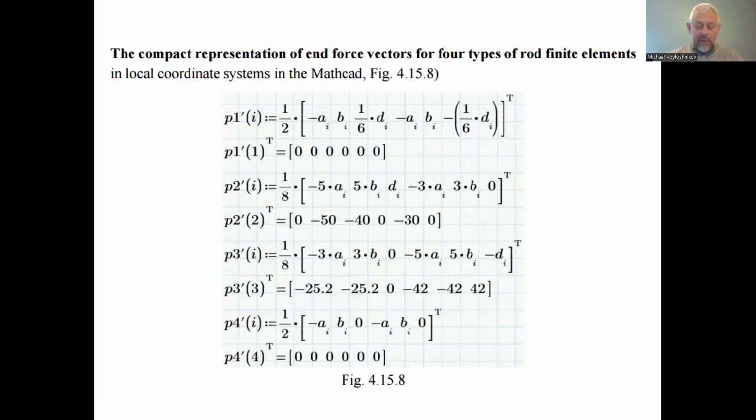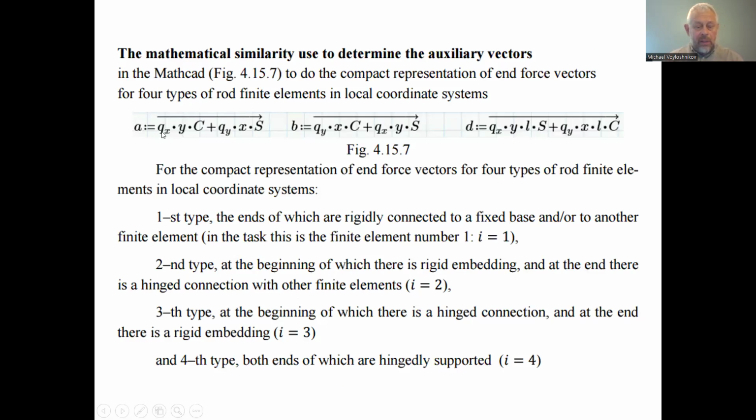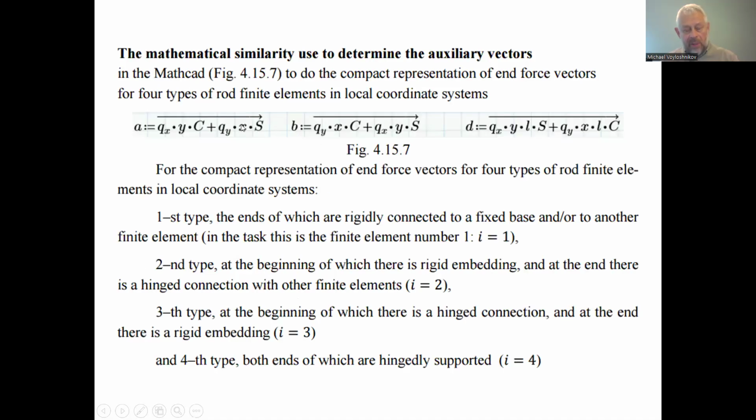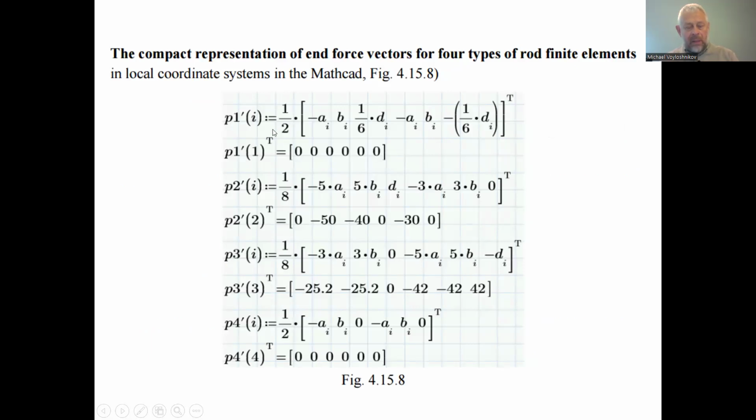So next, after the allocation of the common parts of the formulas for the end forces appearing at the ends of finite elements, six components for each finite element, three for the beginning and three for the end, depending on the type of finite element, when we allocate the common parts of the formulas and specify them in the Mathcad computer algebra system as vectors, we can compactly define the end force vectors.